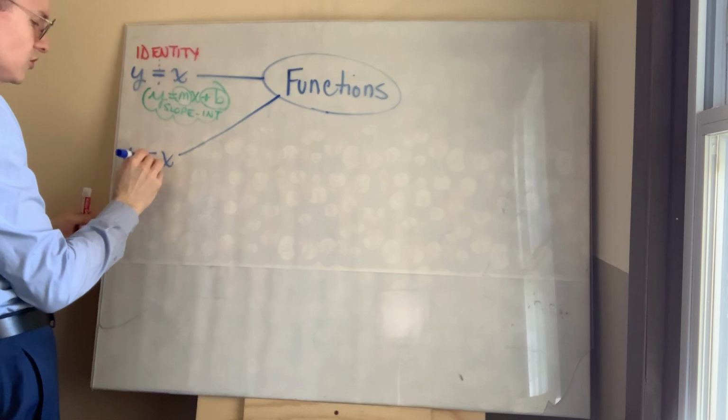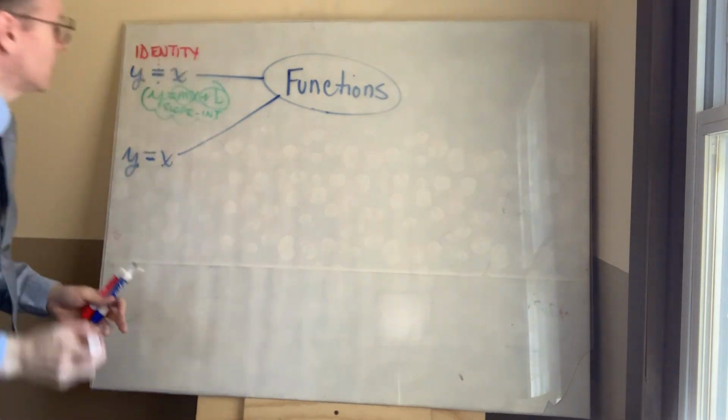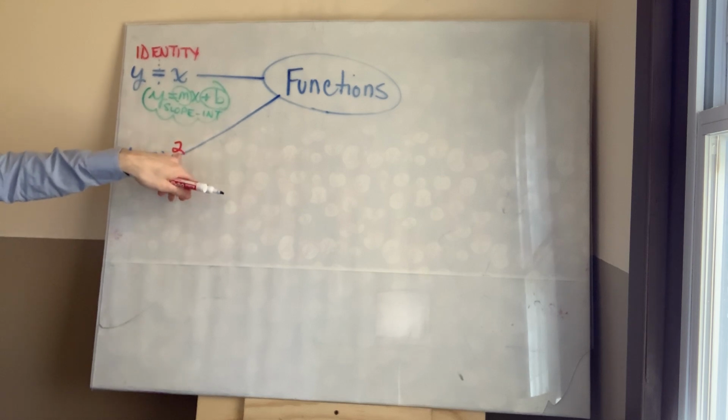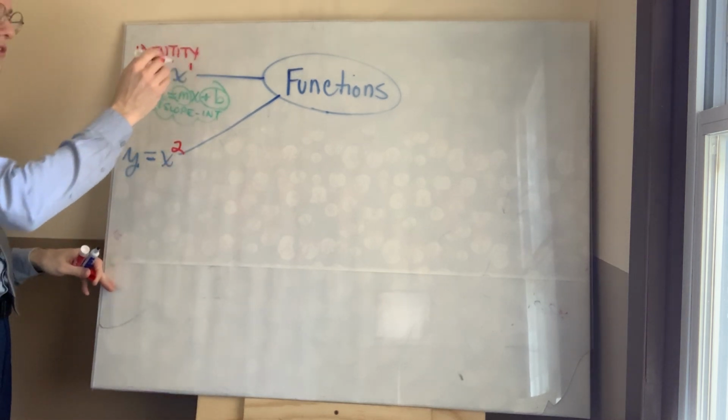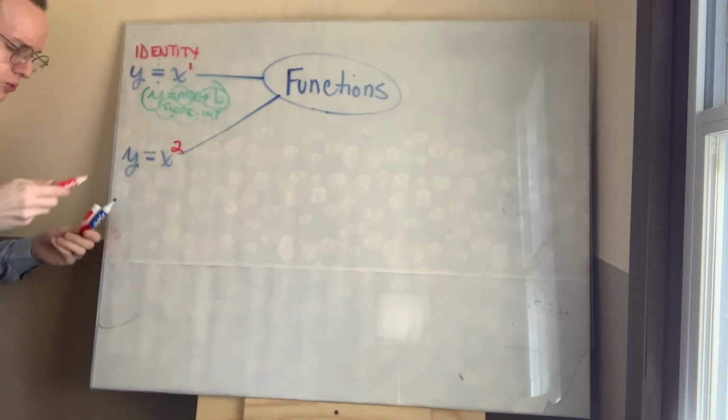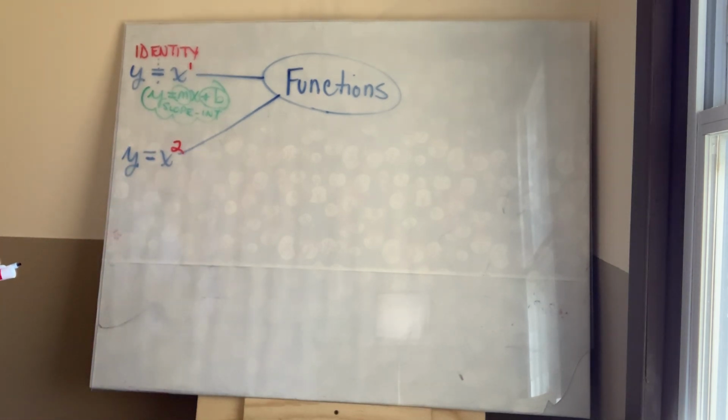And naturally we had quadratics, which is just changing this by upping the ante of the exponent 1 degree higher. If in theory identity is degree 1, then we would have y equals x squared, and we would have a quadratic or a square function.